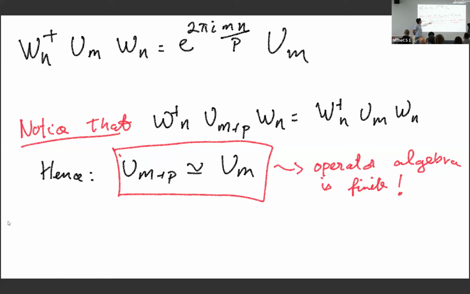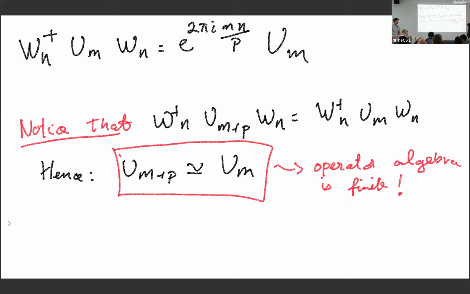If I take m goes to m plus p, then this phase goes to e to the 2 pi i m, and that's 1, so nothing changes. So actually, these operators need to be identified. There is a finite number of operators that I can write down in this theory. U_{m+p} and U_m are exactly the same. There's no difference.